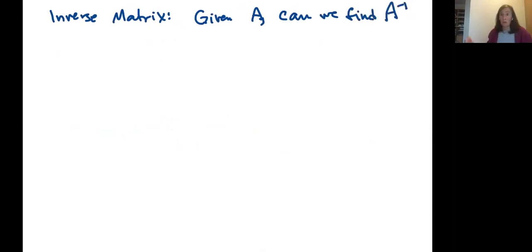That's always how it's written, with exponent -1, which would work for numbers too. Can we find A inverse such that A times A inverse equals I and A inverse times A equals I?